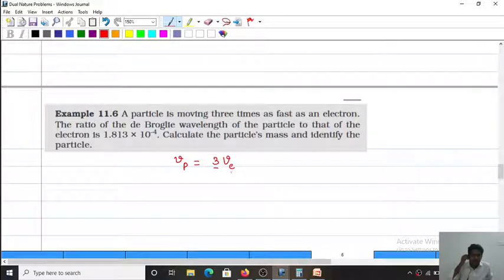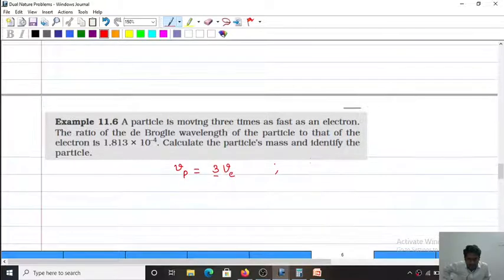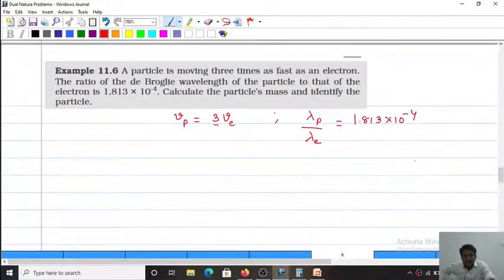And the ratio of the de Broglie wavelength of the particle to that of the electron is given as 1.813 into 10 power of minus 4.